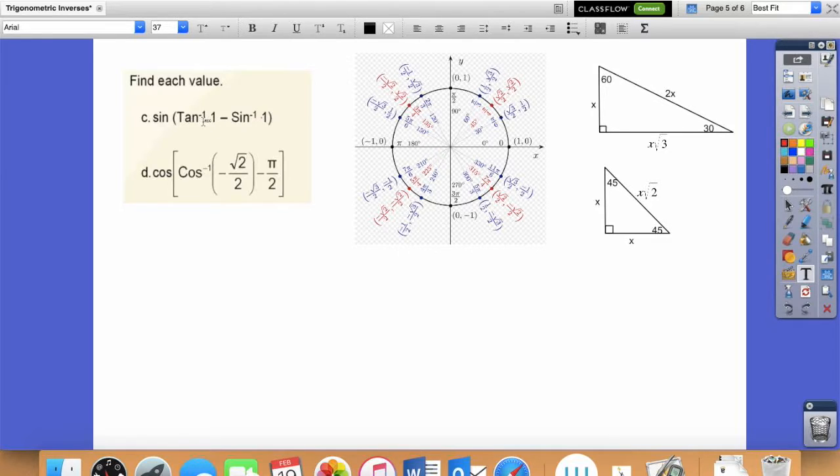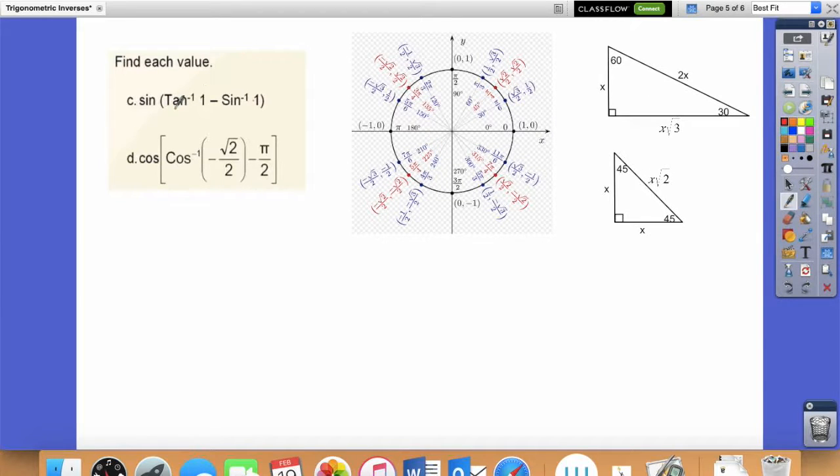So this next problem, letter C, notice now on the outside it's sine. So we're going to be looking for answers that simplify, and once we simplify this to get a value, our final answer is going to be one of these numbers on the outside. Now the other tricky thing is that it's using tangent now.